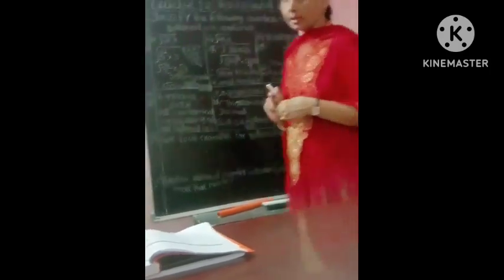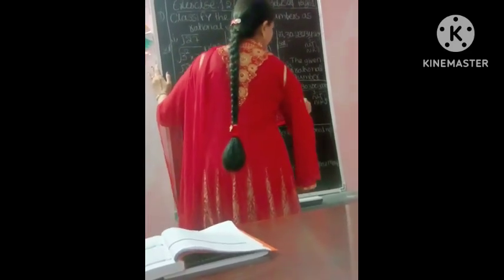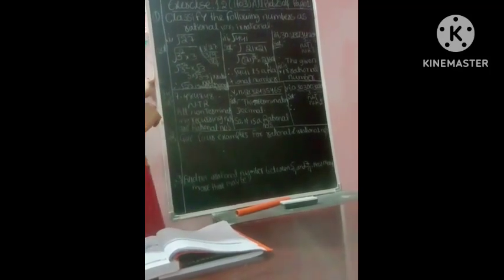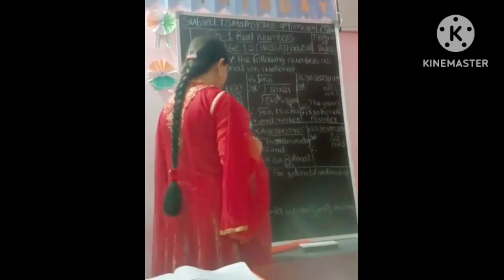So here, these two conditions: which type of number? Non-terminating and non-recurring. Both are contained in irrational numbers. Irrational numbers contain both of these only.